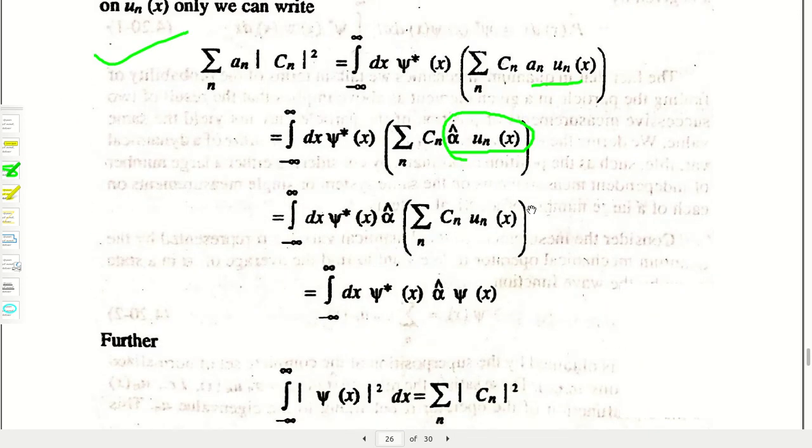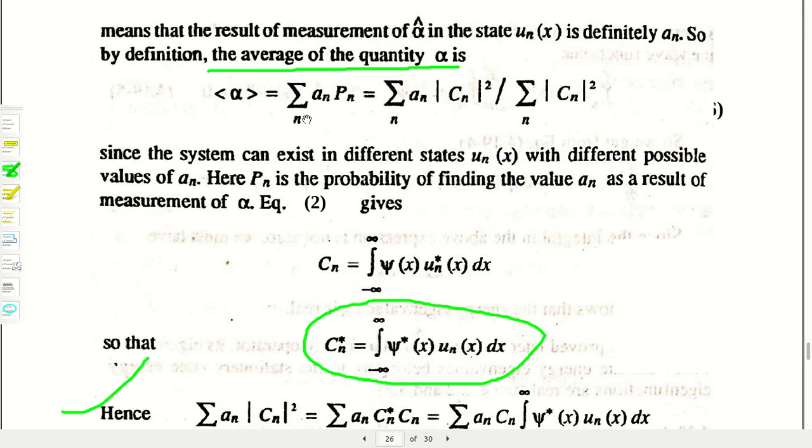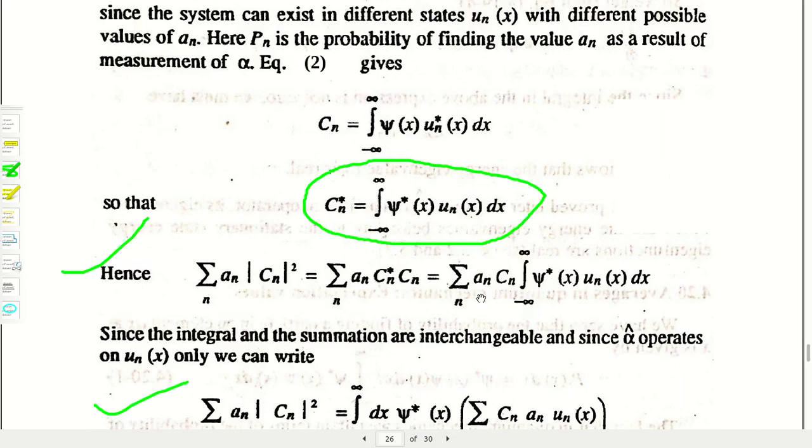Now, because the operator does not depend upon n, alpha can be taken out of the sum. So within the sum there will be Cn un. What is that? This is nothing but psi. So the numerator of this equation, this term, we have found.